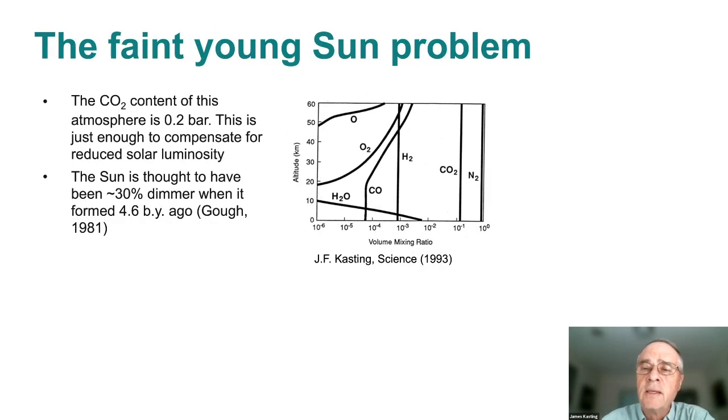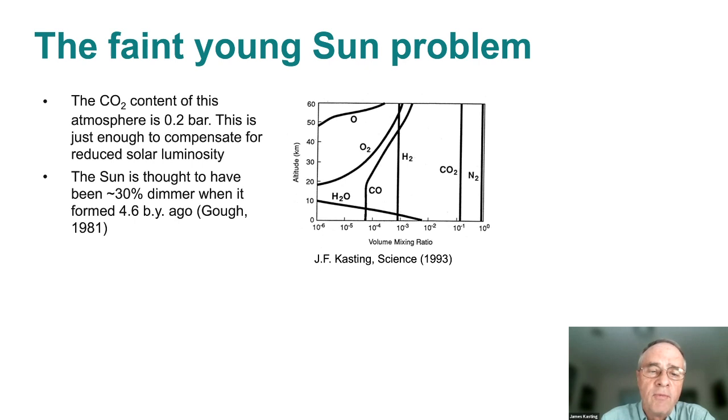All right, so let's talk briefly about the faint young sun problem. We think that the sun was about 30% less luminous when it formed, and it's brightened more or less linearly with time. So why is this? Well, that's because the sun is producing its energy by nuclear fusion.